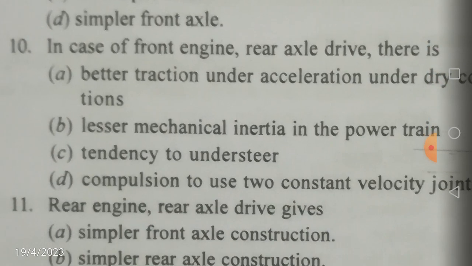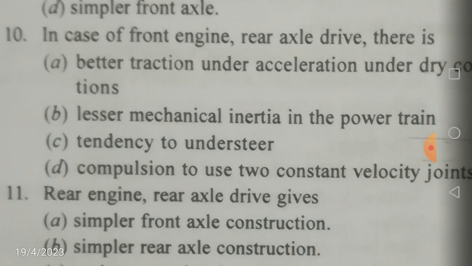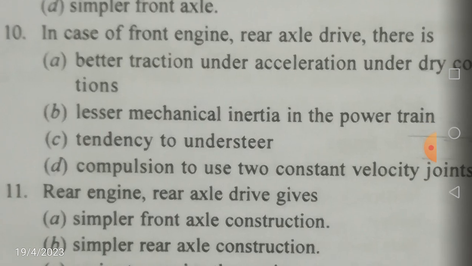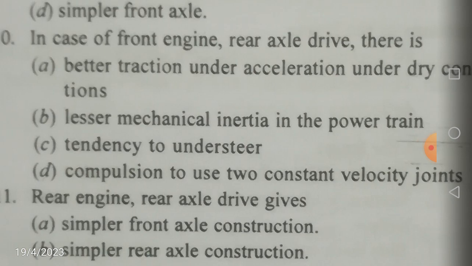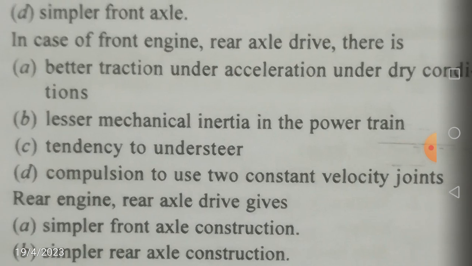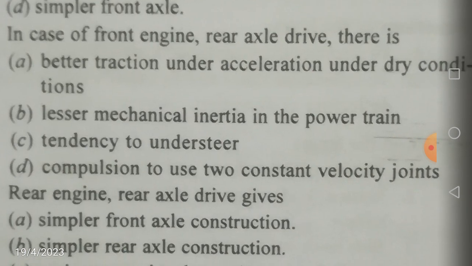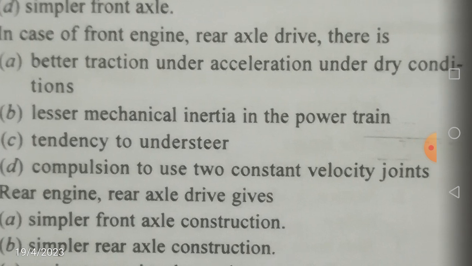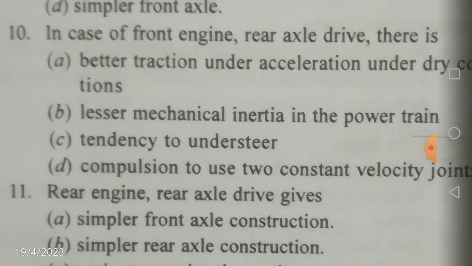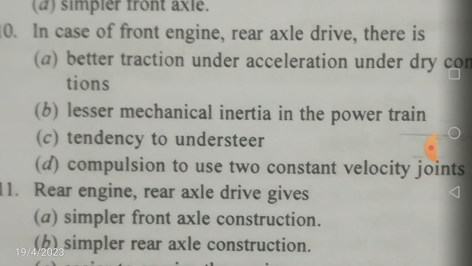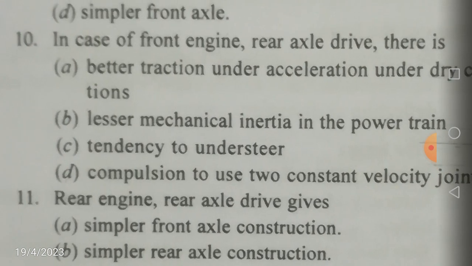Next, in case of front engines, rear axle drive. Now in this particular question, the engine is at the front, but the drive is from the rear axle. Then what happens? Is it going to result in better traction under acceleration under dry conditions, lesser mechanical inertia in the powertrain, tendency to oversteer, or compulsion to use two constant velocity joints?